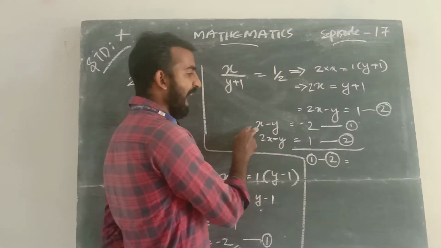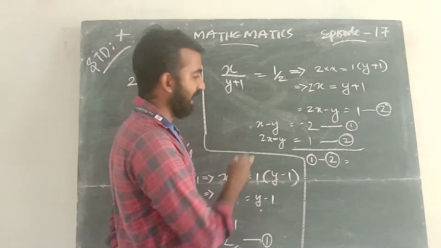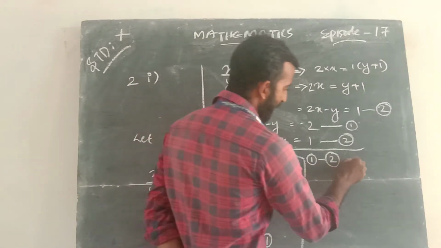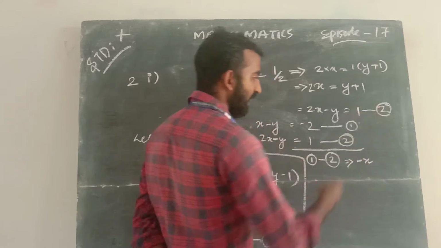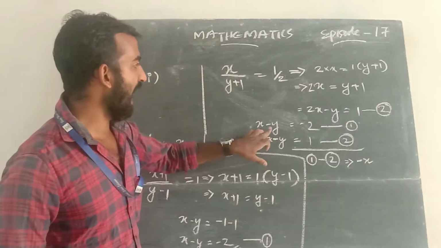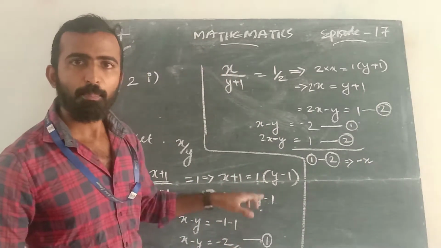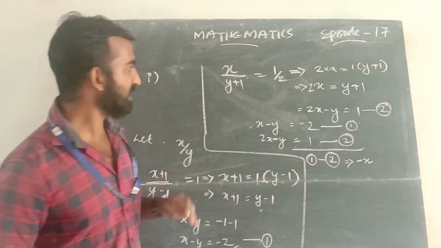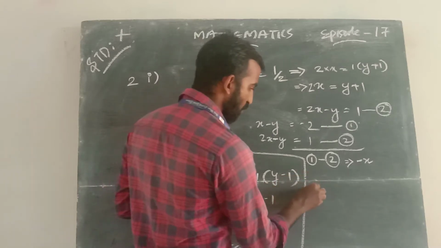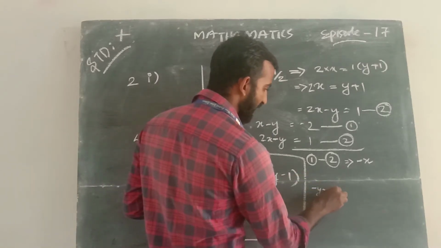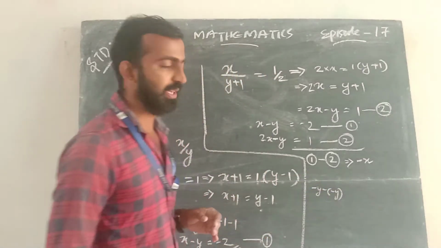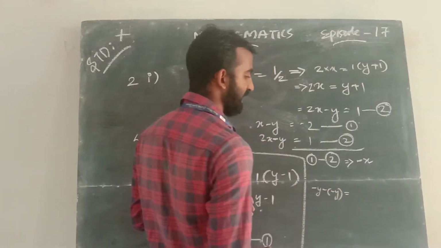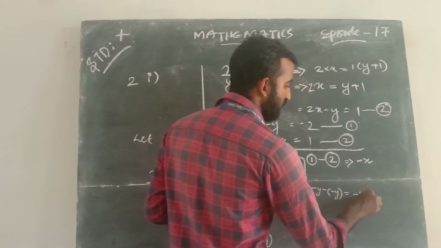We get x minus 2x, which is minus x. And negative y minus minus y, that is minus y plus y.